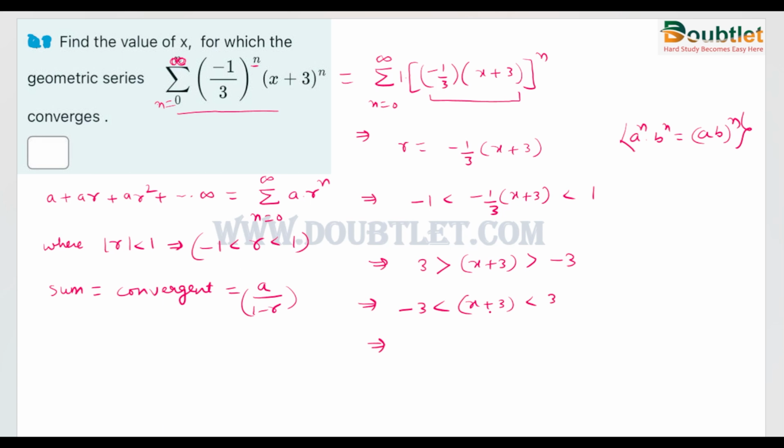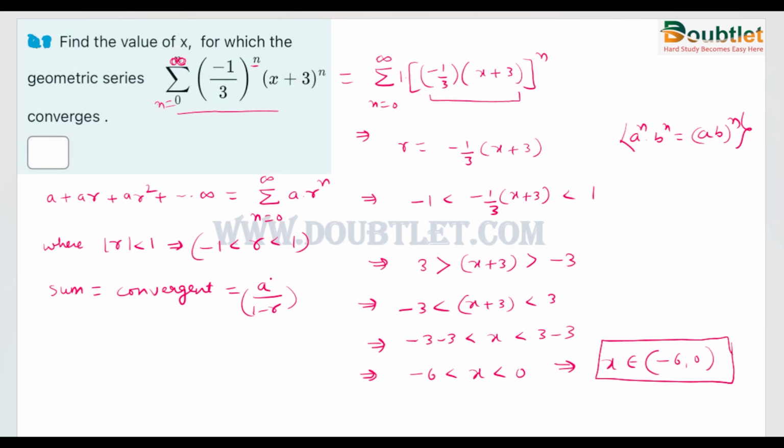Now we need to subtract 3 from all parts, so it becomes -6 less than x less than 0. So the range of x is -6 to 0, an open interval. In interval form, x belongs to (-6, 0), and this is open.